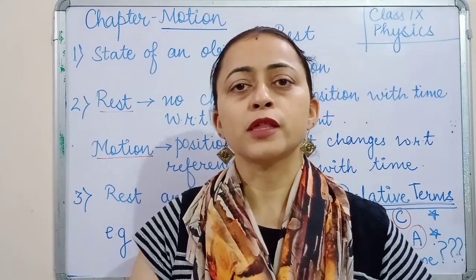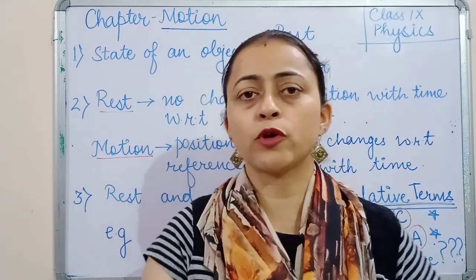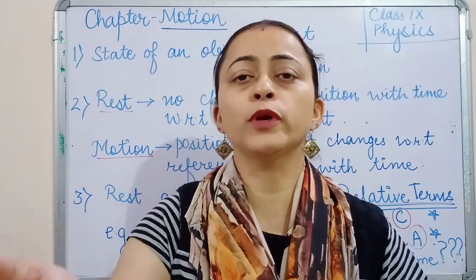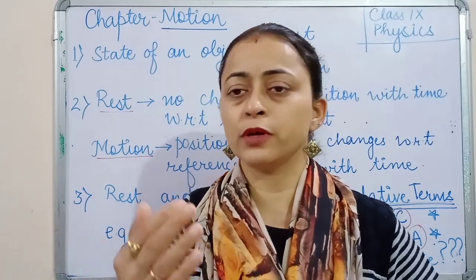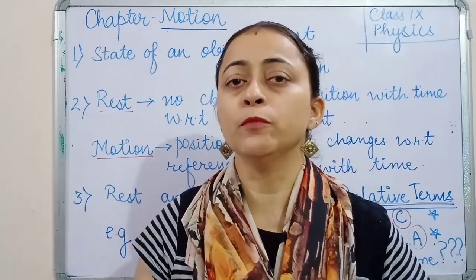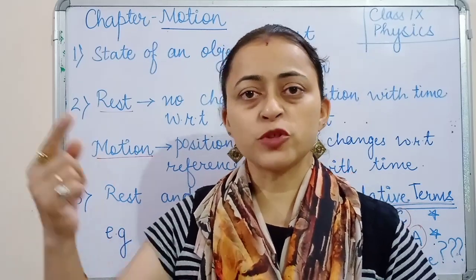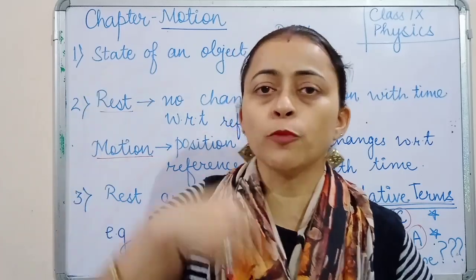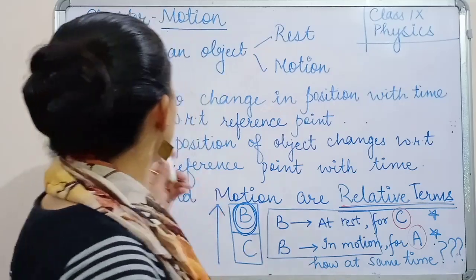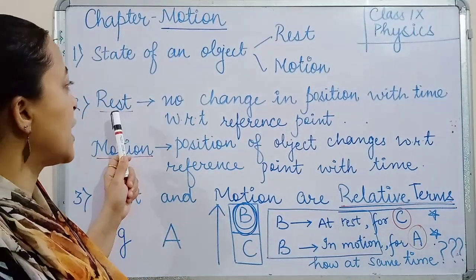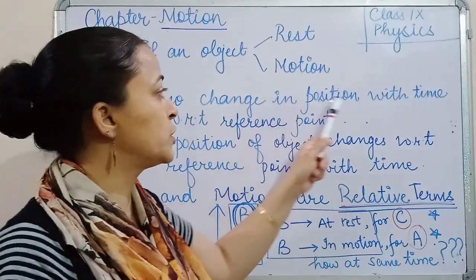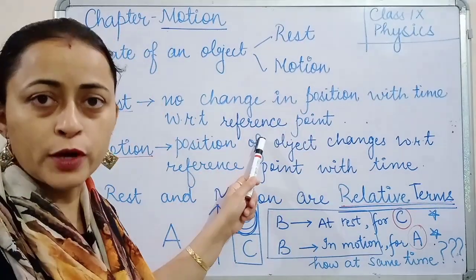Second thing, suppose a person now crosses from nearby and he sees that when he is crossing in the forward direction, you seem to appear moving in the backward direction. So for him, you are in motion because with respect to that second observer, your position is changing with the passage of time. So rest is that state of an object where there is no change in position with time with respect to a reference point.